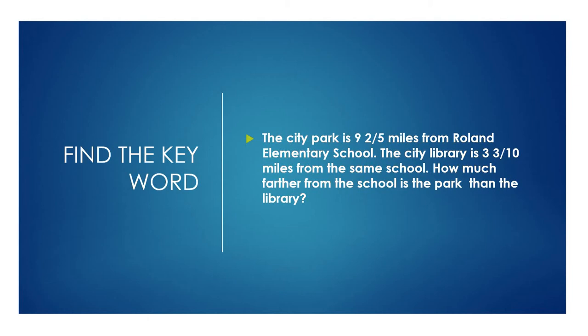The common denominator for this fraction is 10. Therefore, we have 4/10 minus 3/10 is equal to 3 minus 9 equals 6, 3 minus 4 equals 1, and we keep the denominator, and the answer is 6 1/10 miles farther.